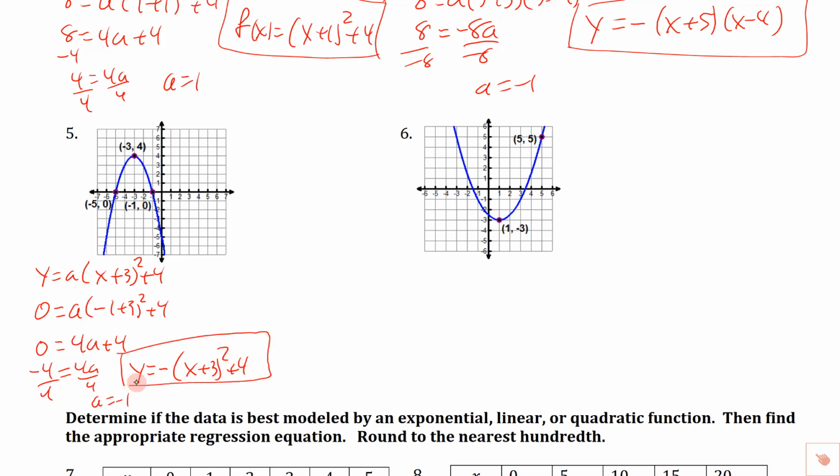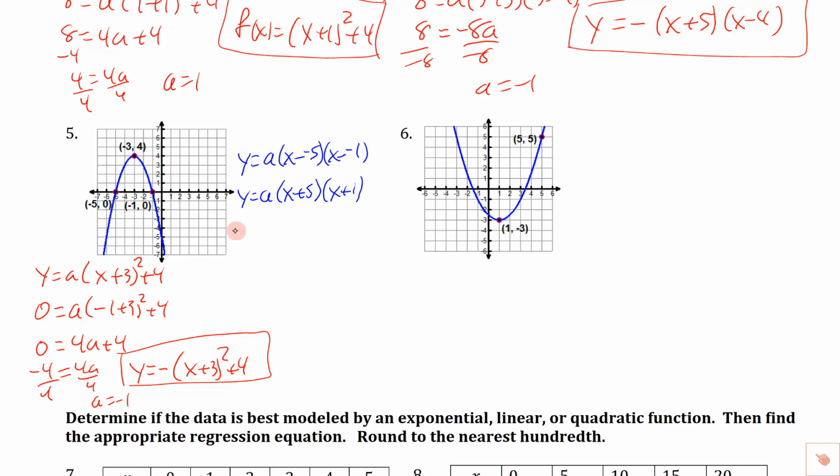And then I'm going to change colors for this next one. This one would be, if we wrote this using the roots, the zeros, this is going to be y equals a times (x minus minus 5) and then (x minus minus 1). So this is going to be y equals a times (x plus 5) and (x plus 1). And then we just need a point that it goes through, and we'll make it go through the vertex.